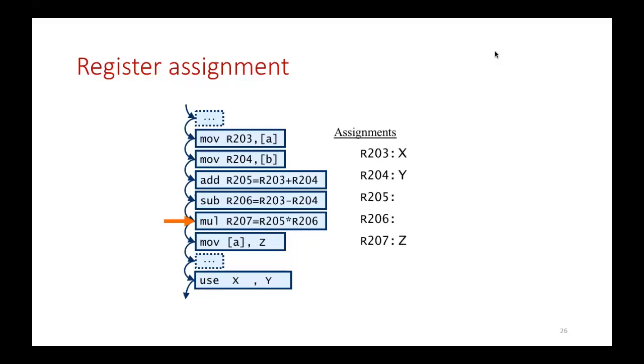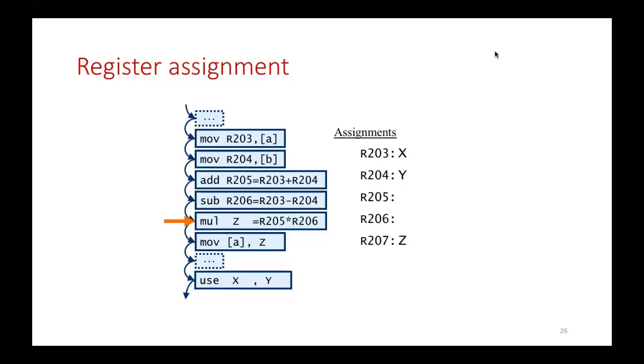And we're happy, so we go on to the next instruction. Here is an example of an instruction that has a destination, like a target, or a definition, and it's also got registers that it's actually using. The way this works is that we process the definitions first. So the first register that we're looking to assign is for 207. It turns out we've already got a register assigned to it, Z, so that's great.